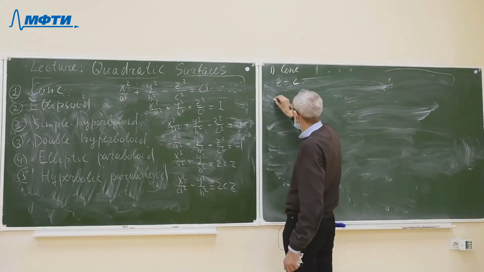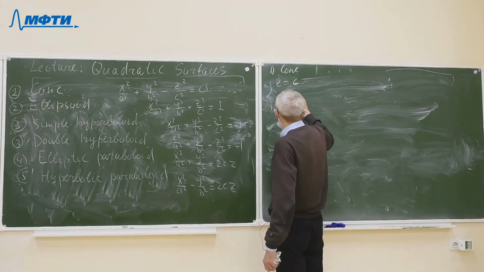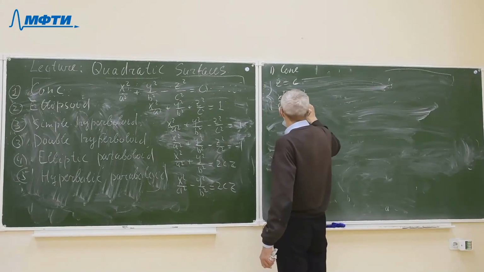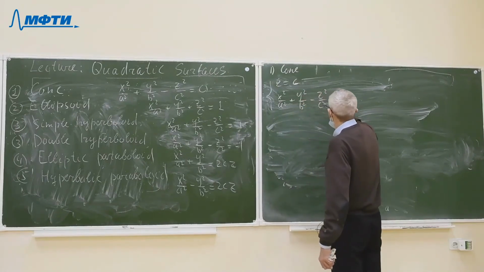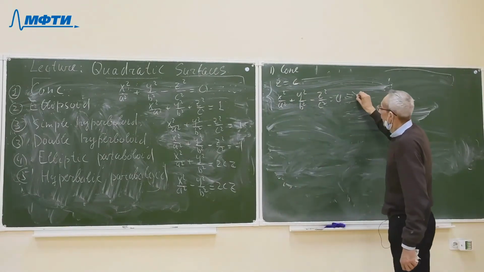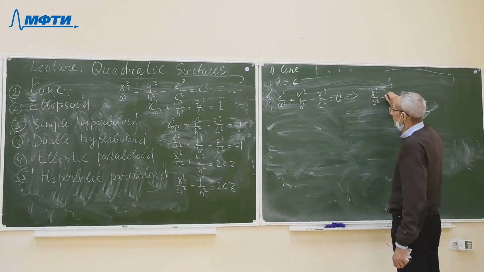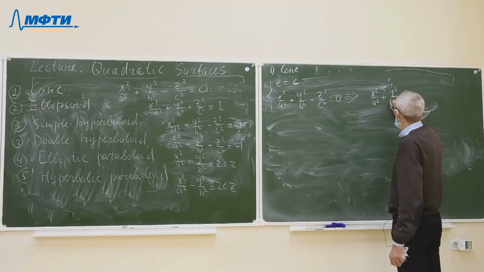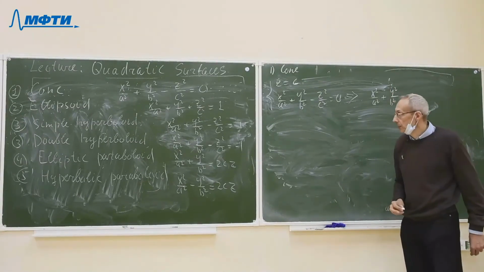In this case, for the intersection we obtain x squared divided by a squared plus y squared divided by b squared is equal to 1, and we obtain an ellipse.